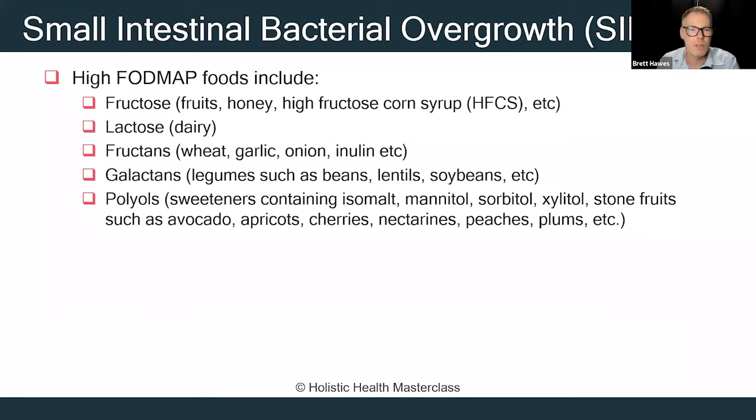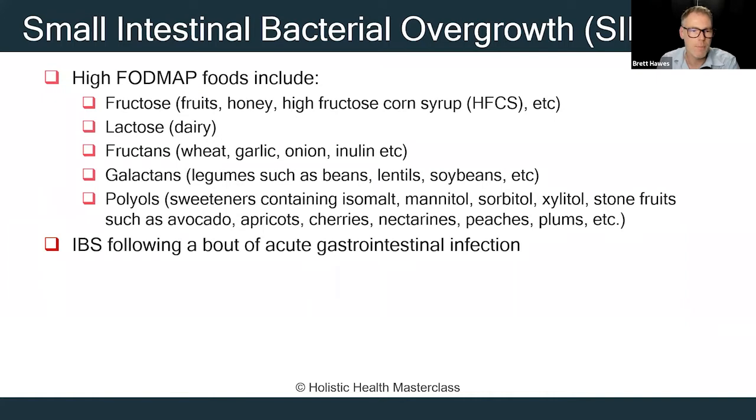Beans, lentils, we got garlic, onions. There's nothing wrong with these foods, but people haven't put the pieces together where they eat these healthy foods and it's just not healthy for them, right? And it's causing all these problems. So reacting to high FODMAP foods, I see that a lot with people with SIBO, and they still keep eating garlic, still keep eating onions, and they can't figure out why they've got bloating and indigestion.